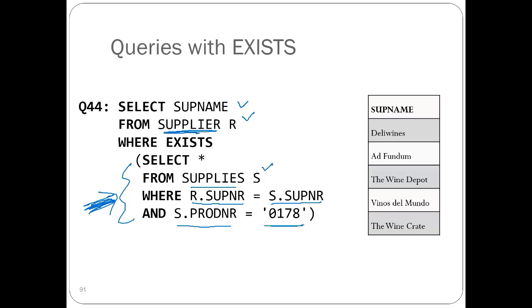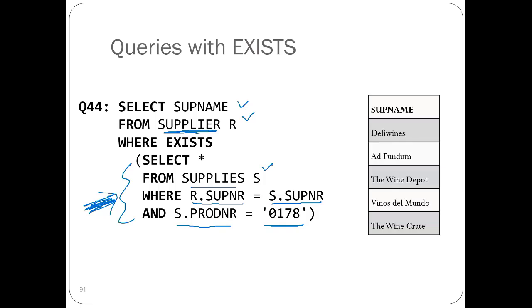We will have an entry in the supplies table only if the supplier is supplying some product. If there is no entry in the supplies table for a supplier, then that supplier did not supply any product. So that's precisely what we are doing, joining these two tables, the supplier table and the supplies table.